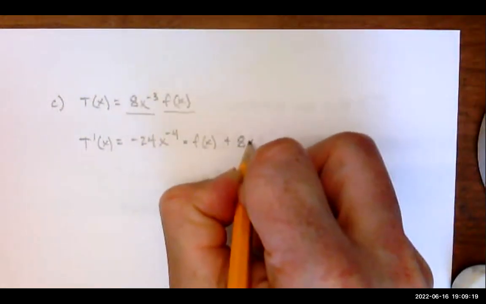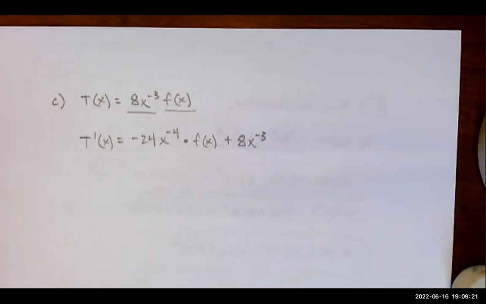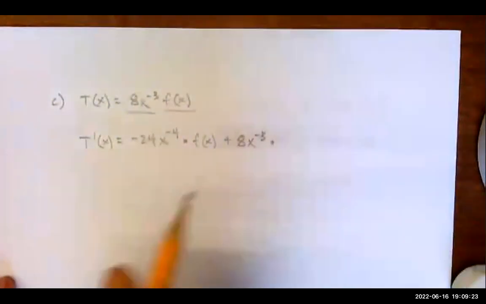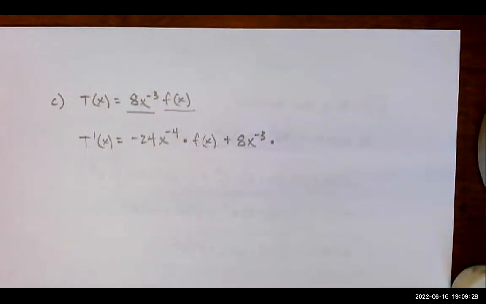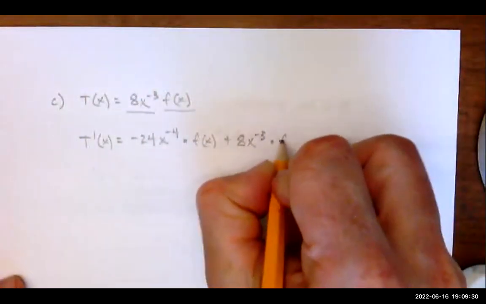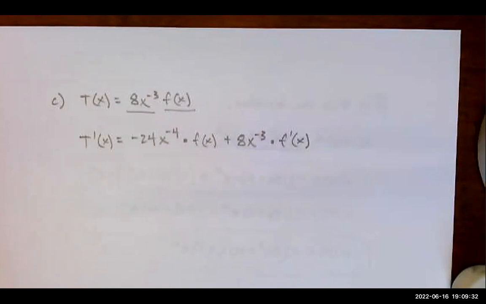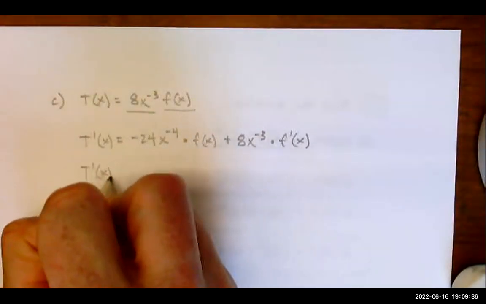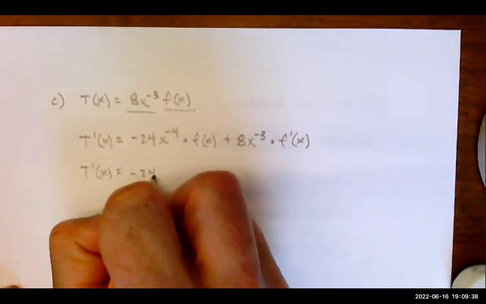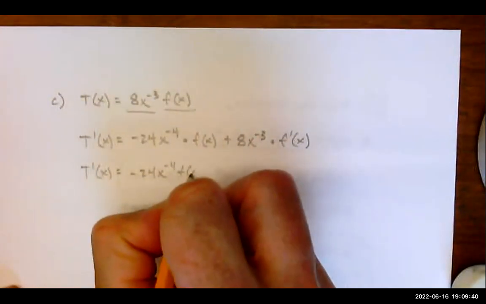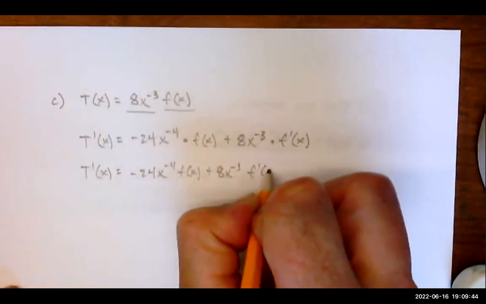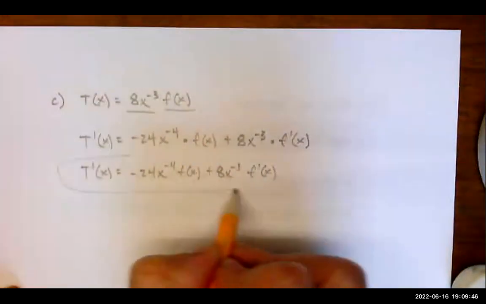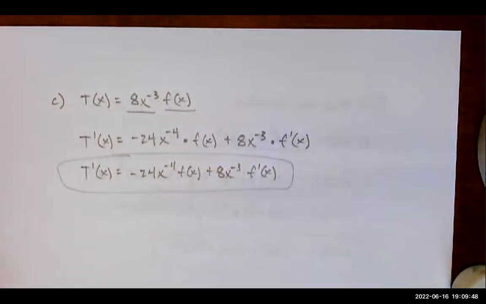Plus 8x to the negative 3 times, and you think, well, what are we going to do with f of x? I mean, I don't know what the function is. What's the derivative? Well, that's okay. We're just going to write f prime of x right there, the derivative of f. And there you have it. Negative 24 x to the negative 4 f of x plus 8x to the negative 3 f prime of x. Not much simplifying to do for that one. There you go.